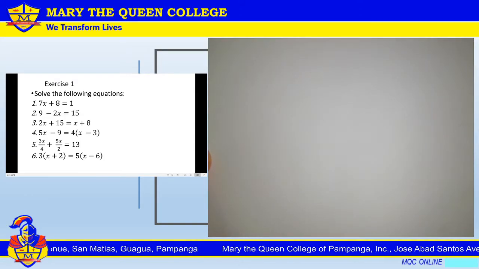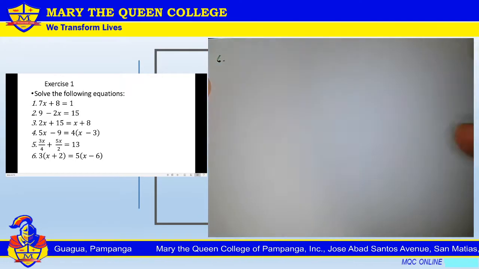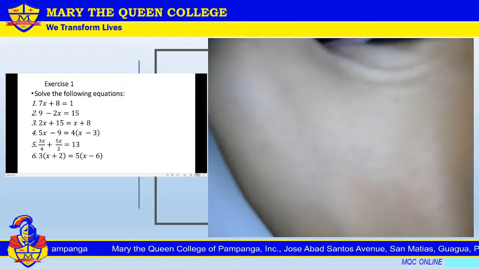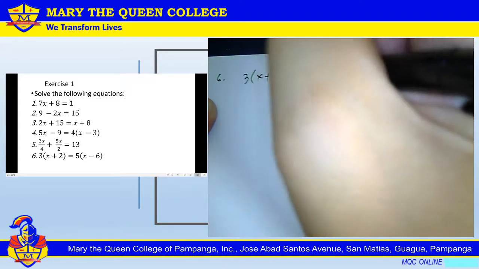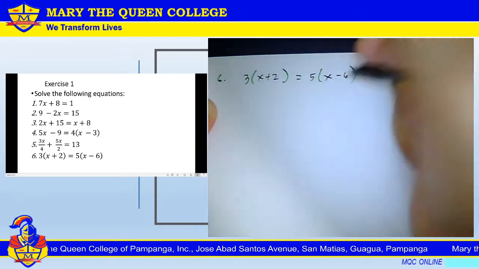So number 6, you like to solve number 6? Okay. So for number 6, we have 3 times the quantity x plus 2 is equals to 5 times the quantity x minus 6.